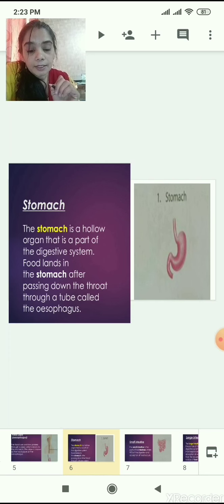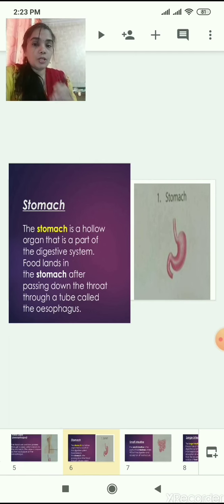Then the third task is that the stomach empties the partially broken down food into the small intestine. So whatever food is digested in the stomach, slowly it pushes into the small intestine.